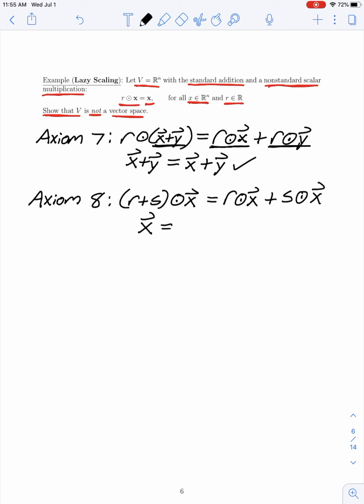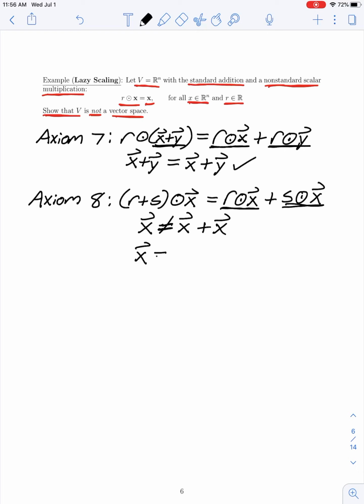And on the right-hand side, a scalar multiple of x by r is defined as x, and then we are summing a scalar multiple of x by s, which is again defined just as x. So we see here that x would not be equal to the sum of x with itself for every vector in our space.